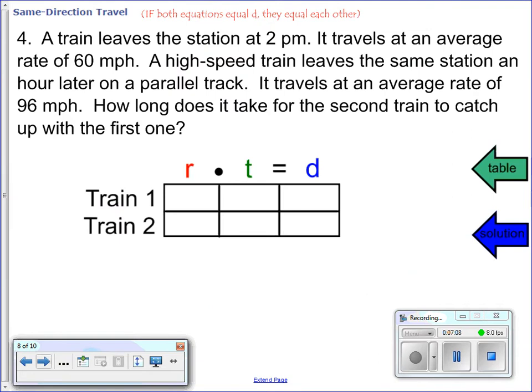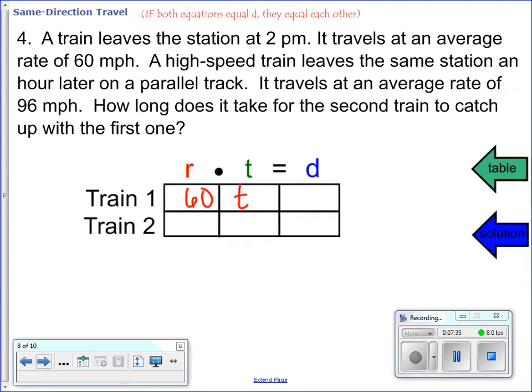A train leaves the station at 2 p.m. It travels at an average rate of 60 miles per hour. A high-speed train leaves the same station an hour later on a parallel track. It travels at an average rate of 96 miles an hour. How long does it take for the second train to catch the first train? So if I use my R times T equals D, train 1 is going 60 miles an hour, and I'm just going to say it's T time.